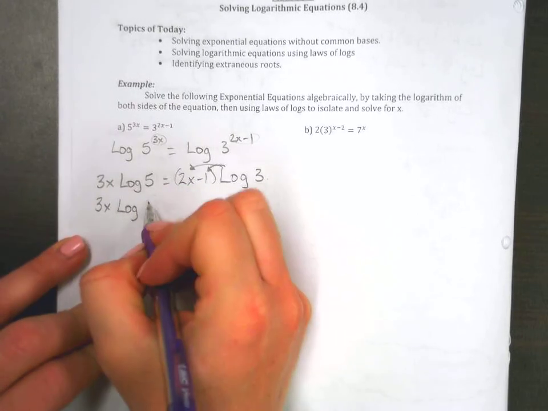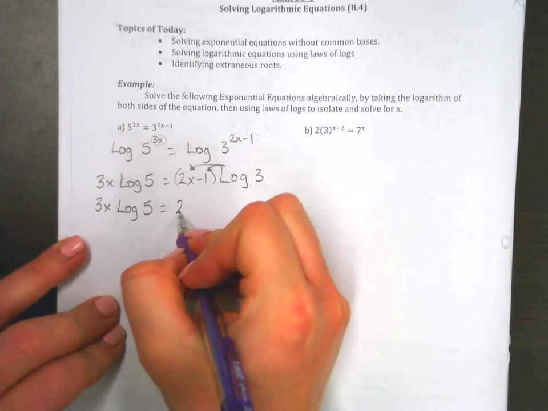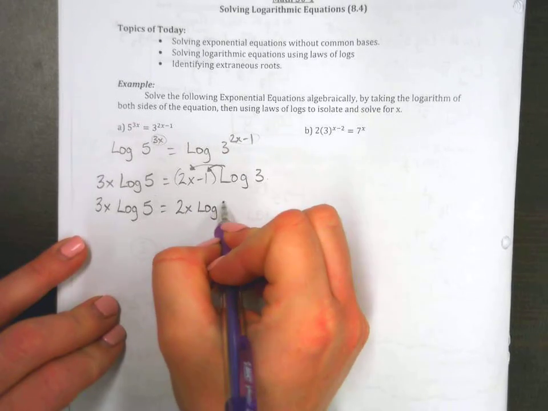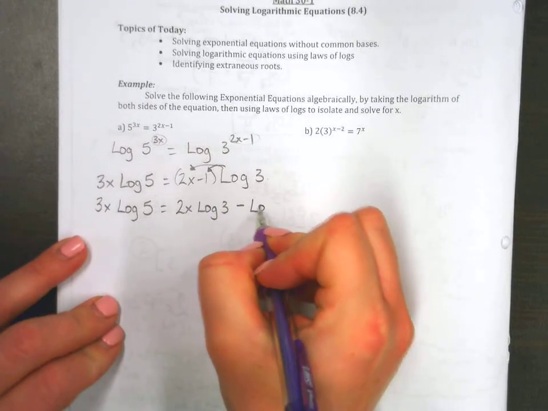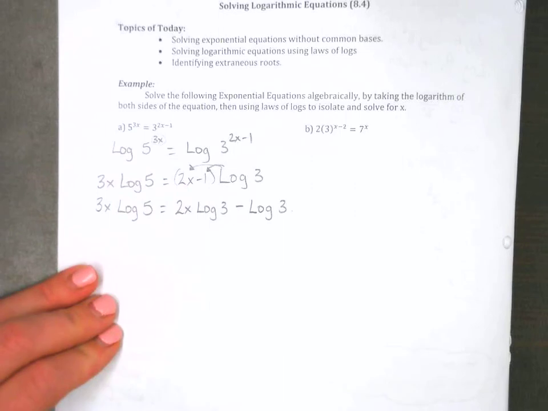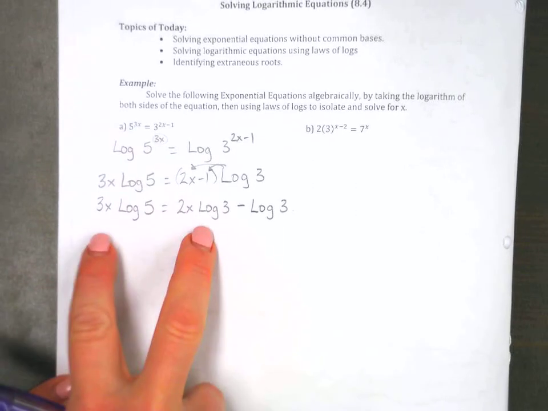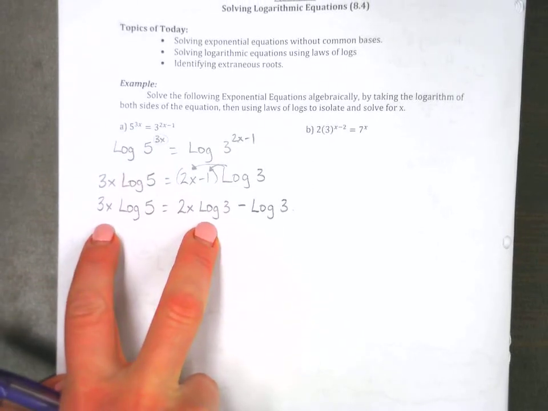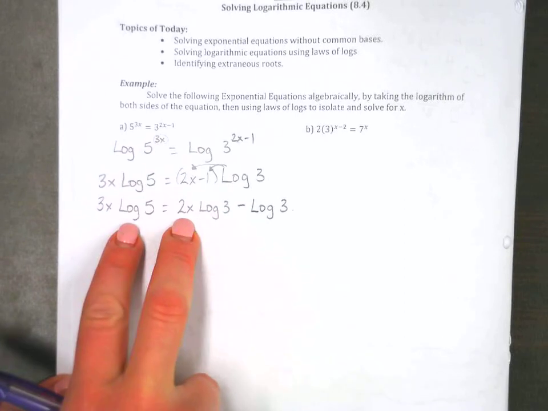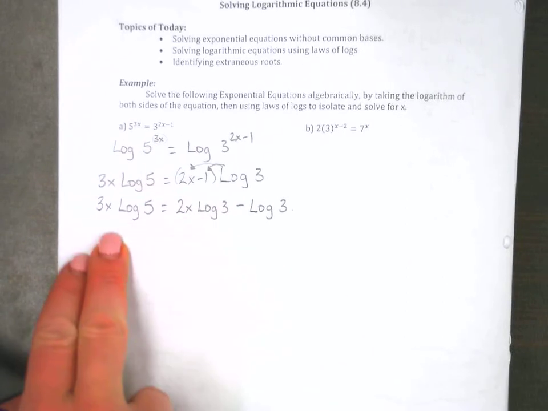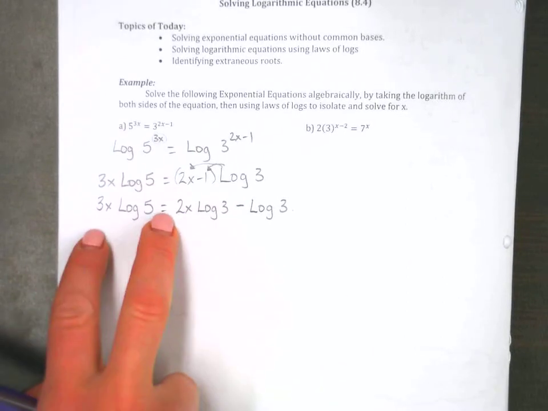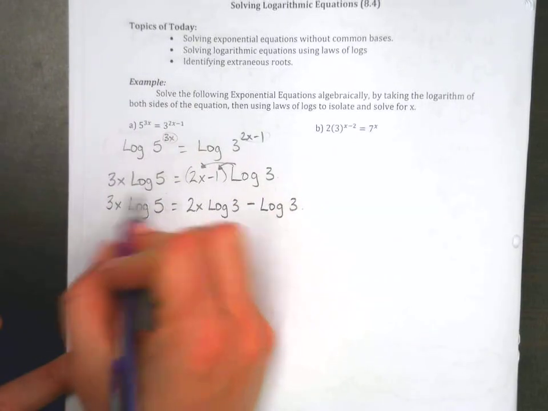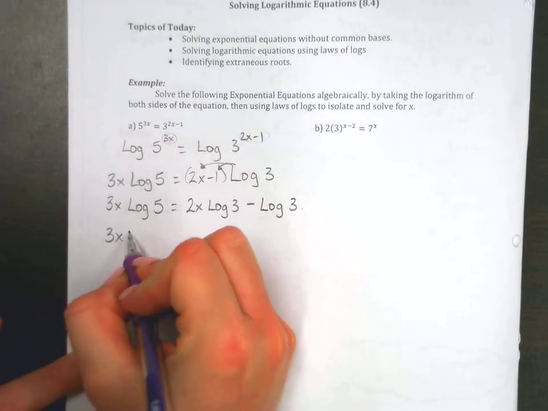Now I want to collect all my x's on one side of the equation. So I'm going to move this 2x log of 3 over here so I can collect it with this expression. So I have 3x log 5 minus 2x log 3 is equal to a negative log of 3.